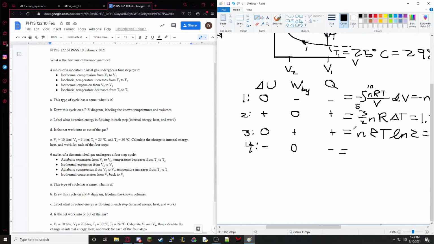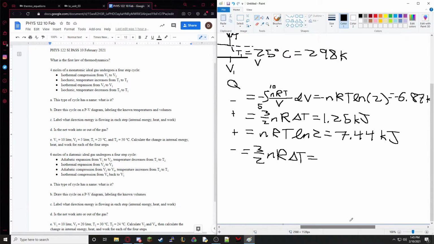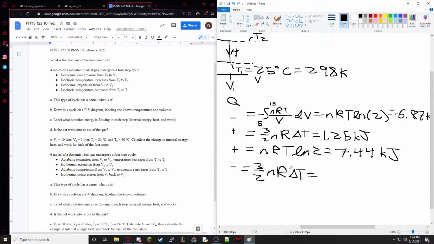Once again, same as step 2, through the change in temperature, 3/2 nR delta T. It's the same change in temperature as step 2, just in the opposite direction, so it has to be the same change in energy, 1.25 kilojoules, just negative instead of positive.